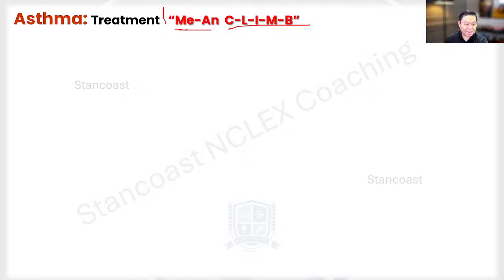ME stands for methylxanthines, and this is represented by theophylline. And then AN is for the anticholinergics, the inhaled anticholinergics, such as ipratropium.